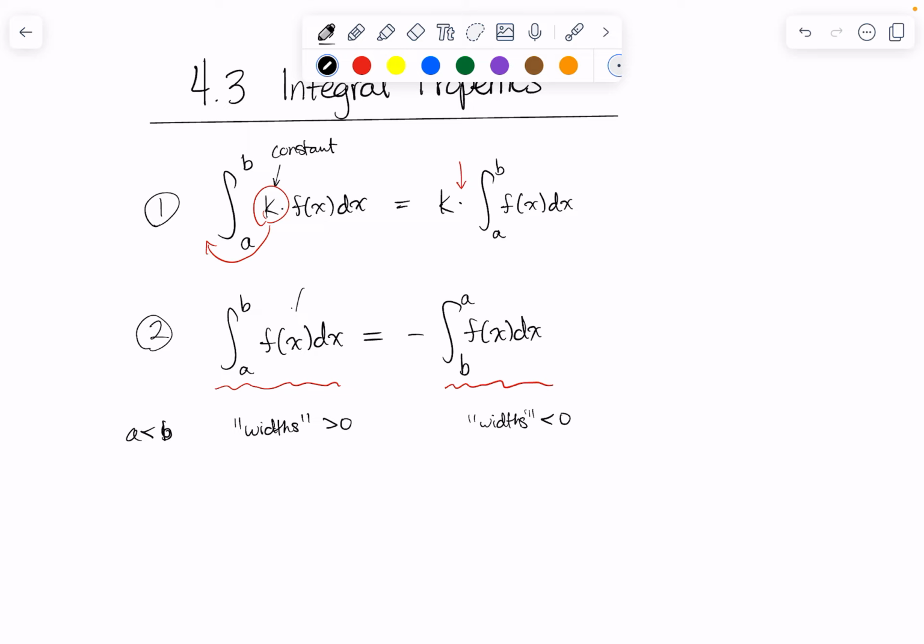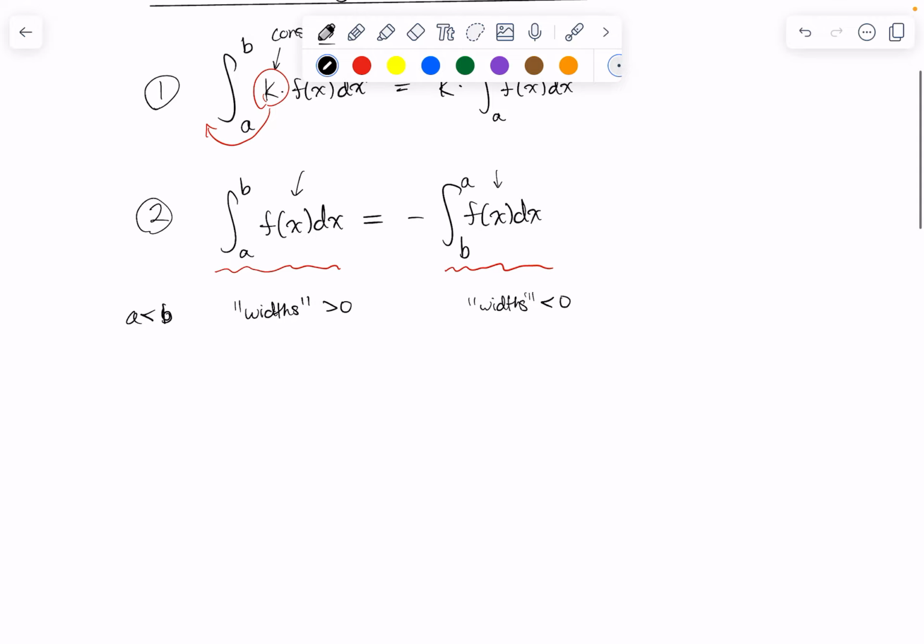It's just the same function here and here. The heights haven't changed, but the widths have all flipped sign. And so we should expect these integrals to have opposite signed answers. That's property number 2.